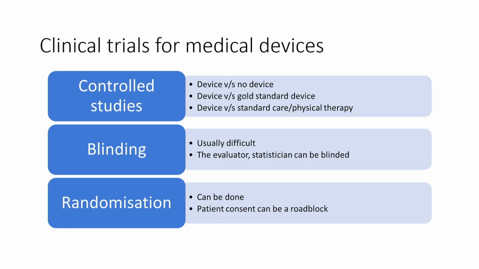And patient consent can be a roadblock in certain cases. The patient would like to know what kind of treatment modalities are being given. So randomization is a challenge. So control studies and blinding are still fairly possible, but randomization, there are a lot of randomized control trials which are happening all around the globe, but randomization is a little challenging and daunting task for the majority of clinical tests.